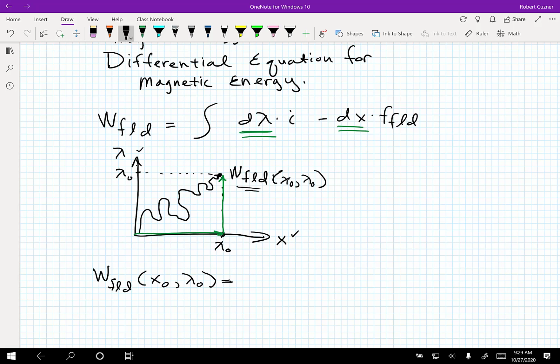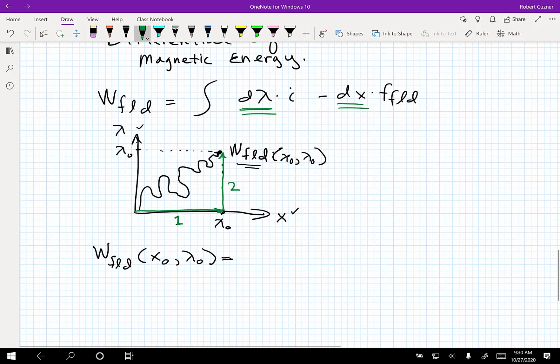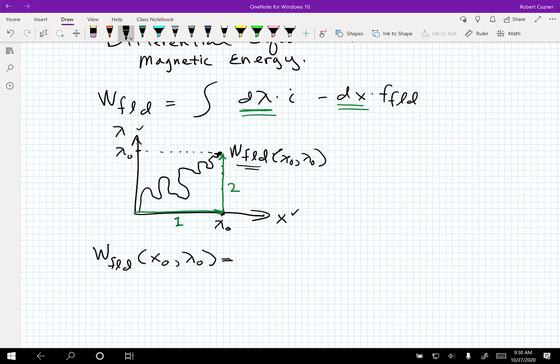So we would do that by integrating this first path, I could say path 1, and then path 2. Integrating path 1, we would have an integral from 0 to this point x naught of F L D dx.